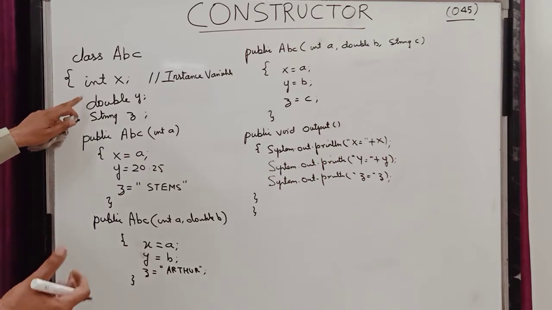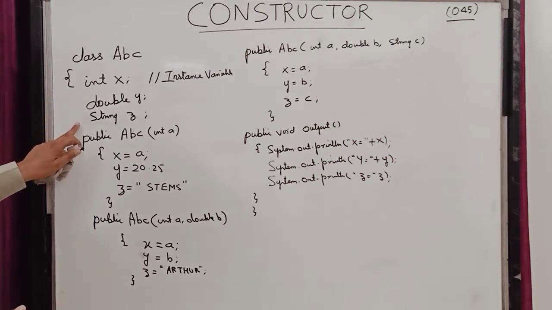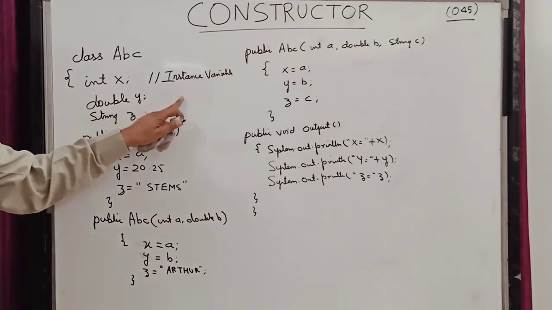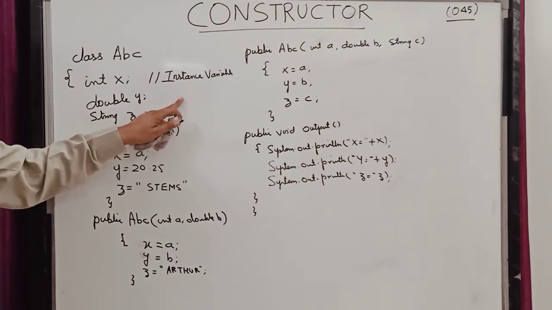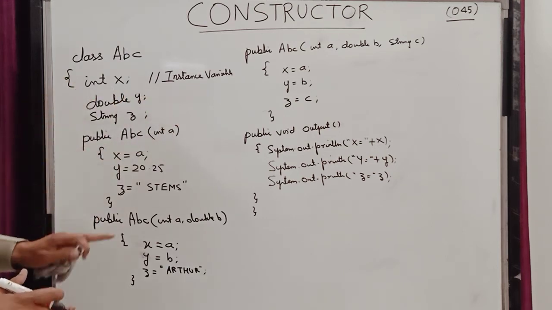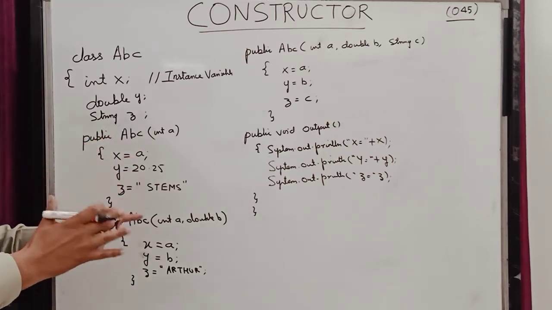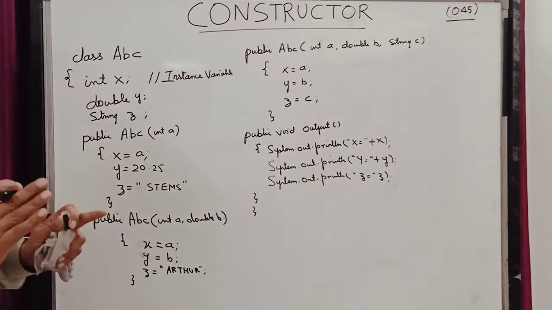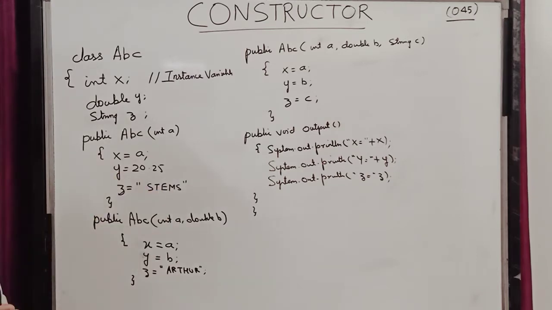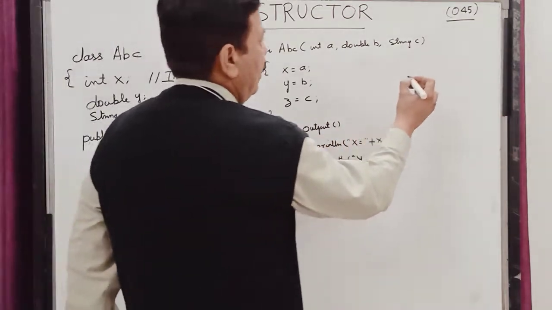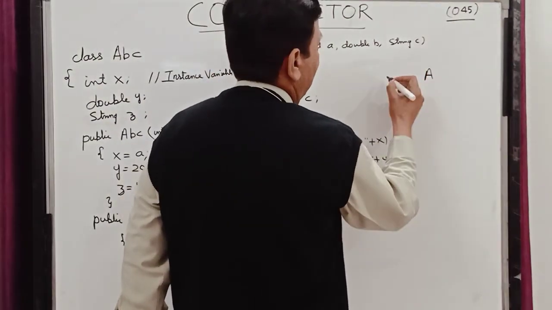But these variables which I have created without the keyword static are called the instance variable, or the object variable. Children, at present these variables do not exist. When we create objects of this class, then only these variables come as the instance of those objects. Say for example, I create an object capital A.